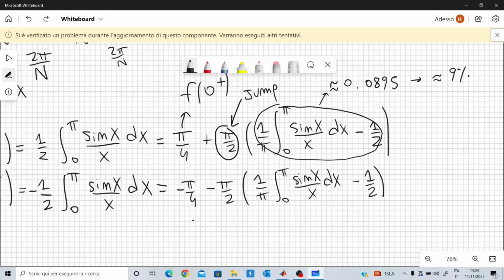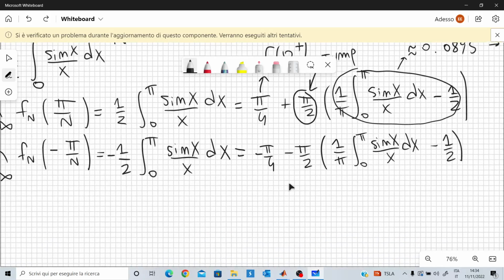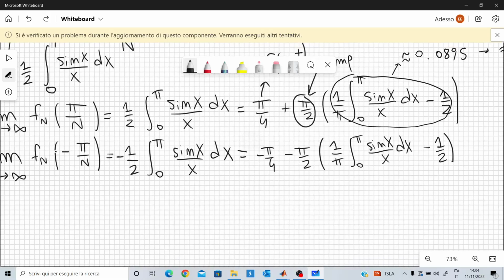Whereas from the left, the series calculated at 0 minus, so this will be 0 minus when n goes to infinity. This is just f of 0 minus, and then here we have minus the jump multiplied by the same number.